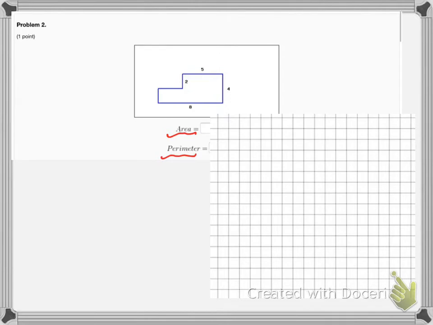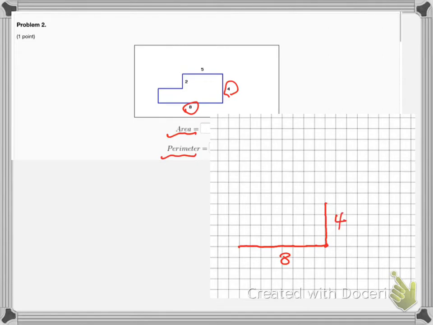Let's say we start from this point. First we look at the bottom. Bottom is 8, so we go 8 blocks: 1, 2, 3, 4, 5, 6, 7, 8. Then we turn up 4: 1, 2, 3, 4.